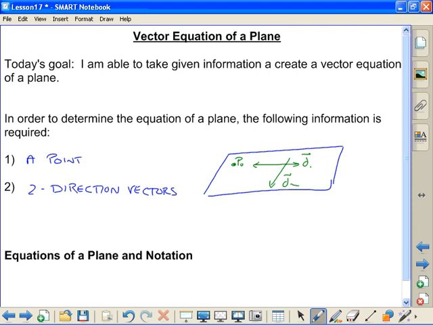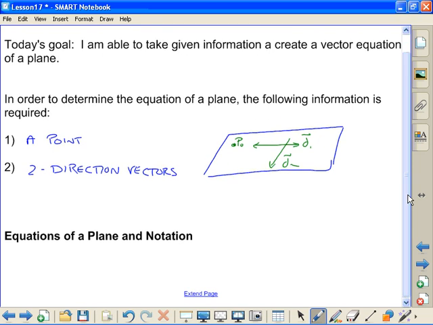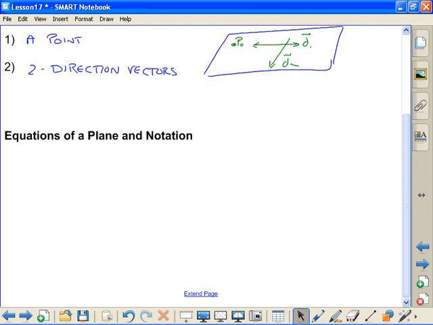Moving along, the equations of a plane and notation. We talked about our vector form.